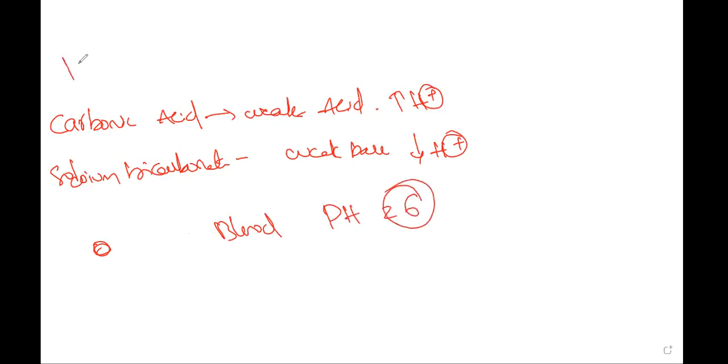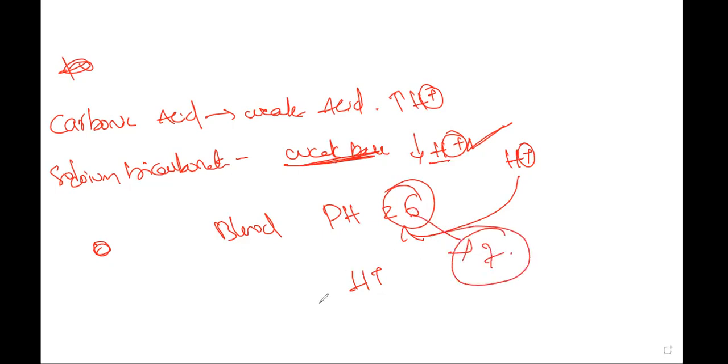In the body you have buffer systems, meaning balancing systems to balance the imbalance of pH. So which molecule is released to balance this pH? The weak base is released because it has fewer hydrogen ions. So it will attach to the hydrogen ions, creating space, and it will bring the pH level to 7.